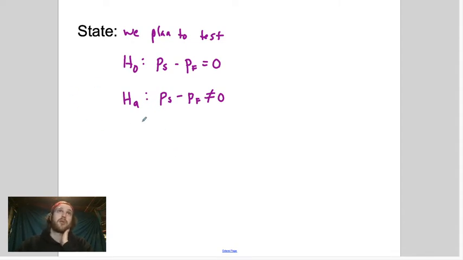So we've stated our hypotheses. Now we have to define what these things are.